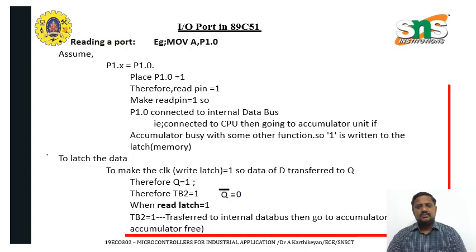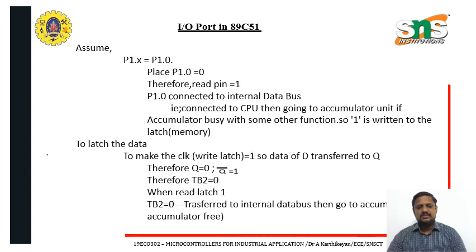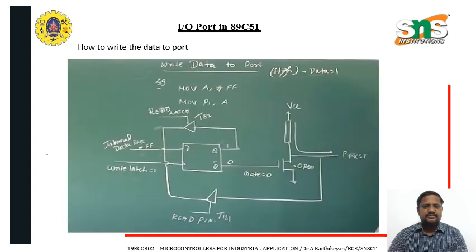For reading the port, as in MOV A, P0, we have the values 0 and 1 for reading and writing, and Q0 is also used for another purpose. For data transfer in the 89C51, for example MOV A, FF and MOV P1 to an address, by using this D flip-flop we can read and write the information with high and low values.